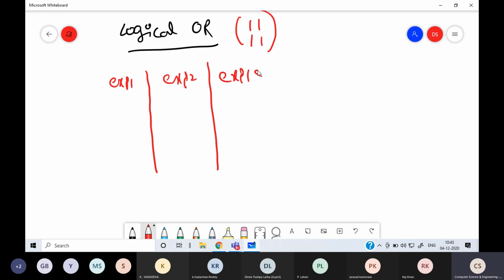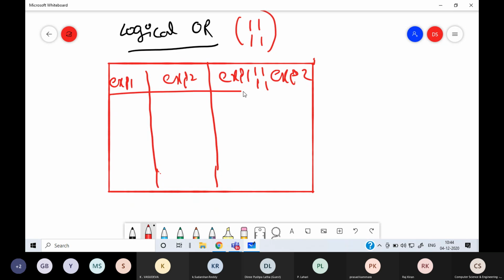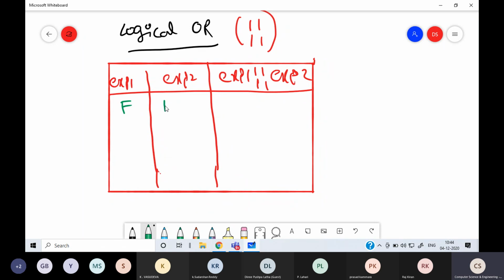When both are false, the result is false.